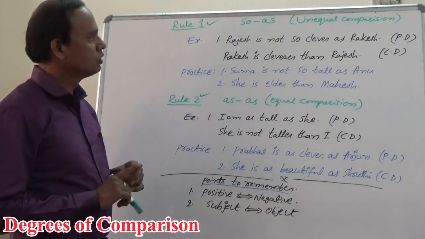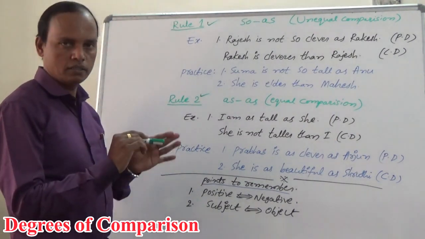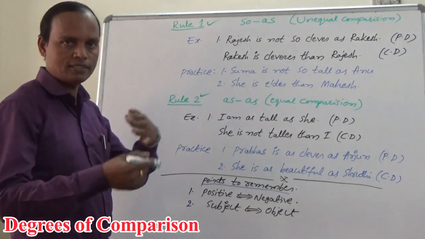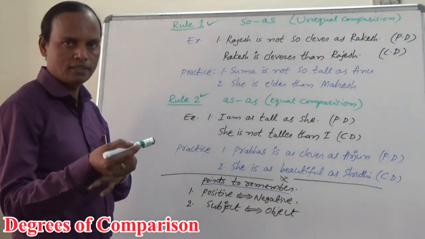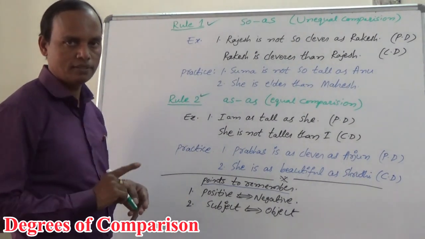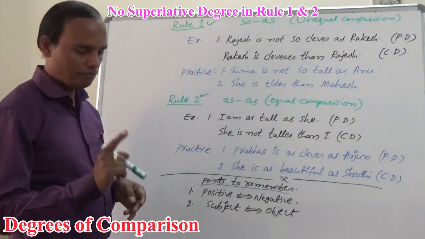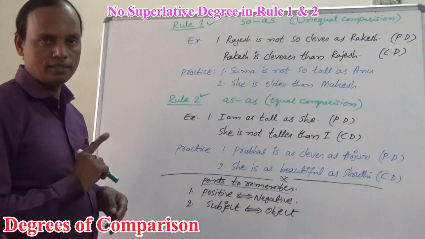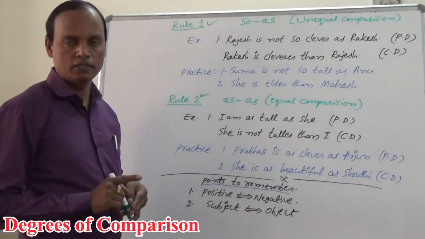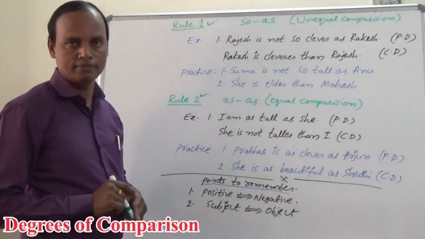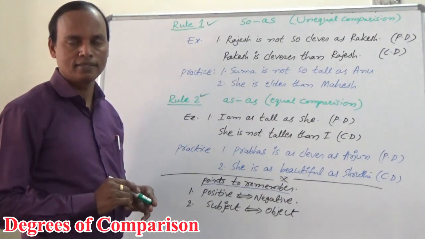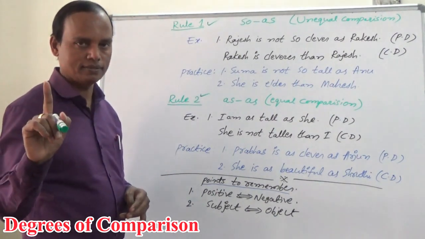So when you compare 2 persons, 2 places, or 2 things, don't forget there is no superlative degree. This is very important. I tell you again, when you compare 2 persons, 2 places or 2 things, there is no superlative degree.